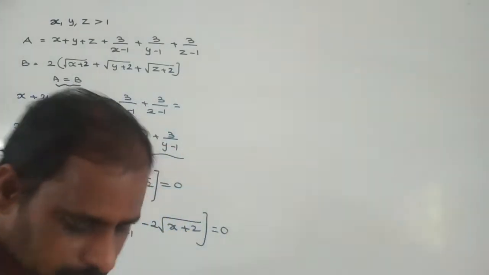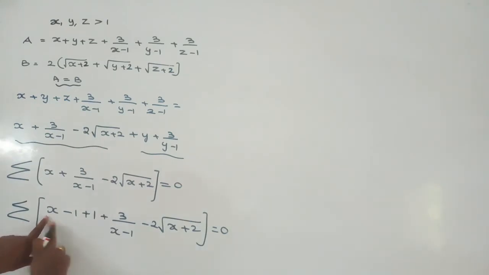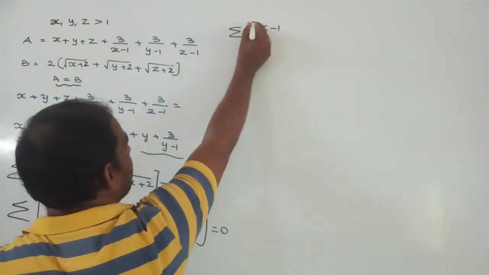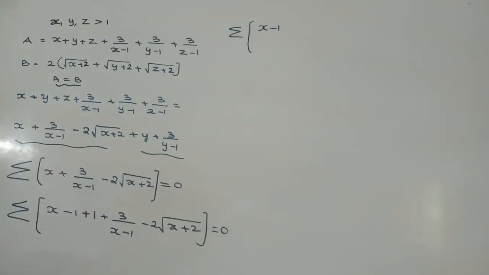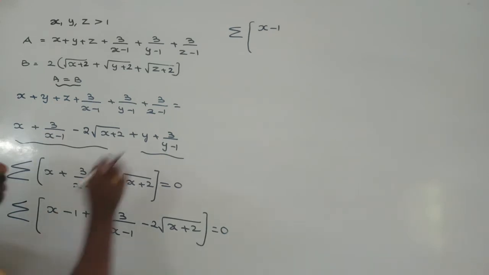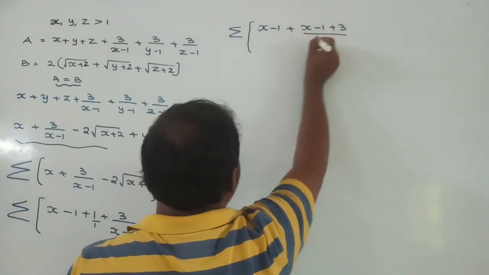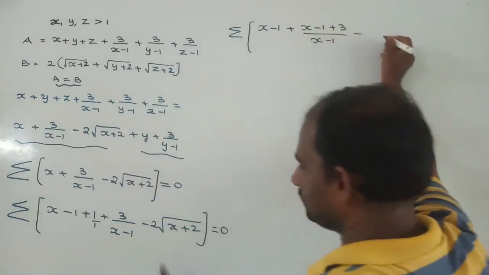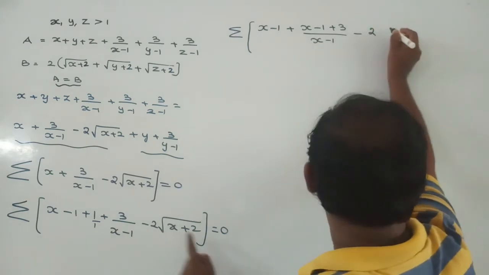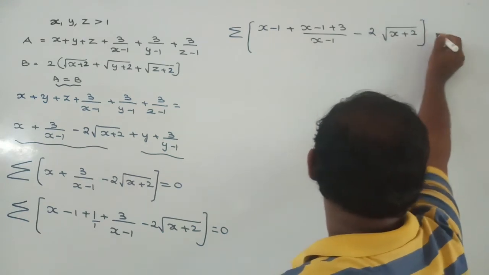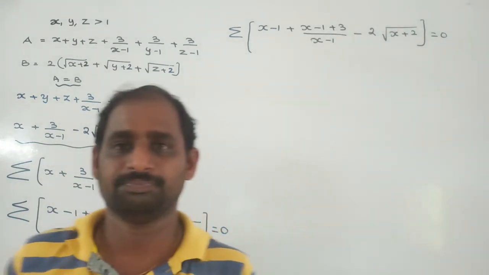Now observe very clearly. Here x minus 1 plus 1, this one will be as it is, x minus 1, sigma, plus, find out the LCM of these two. LCM is x minus 1. So 1 into x minus 1, x minus 1, plus 3 by x minus 1 minus 2 into root x plus 2, write as it is, equal to 0.